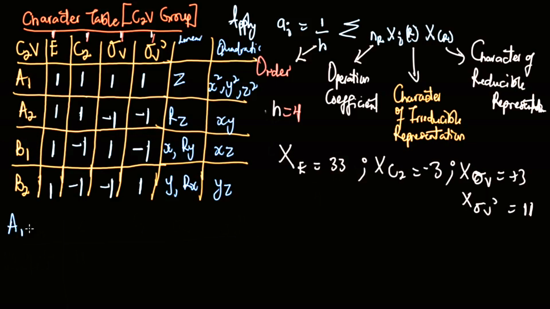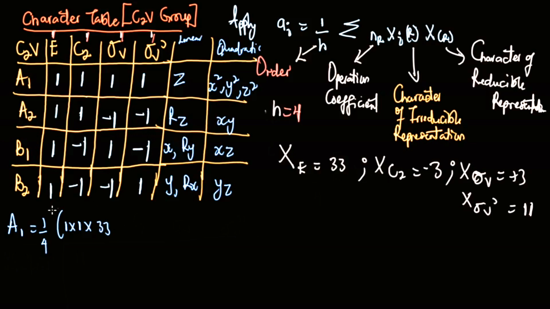So for A1, we simply have 1 over 4. Then we have the summation of N times the irreducible representation times the reducible representation. For E, we have 1 times the irreducible value of 1 and the reducible value of E, which is 33, right?